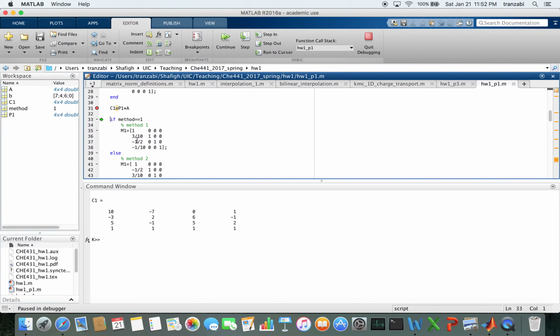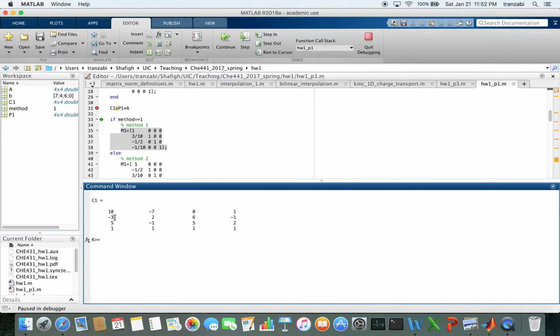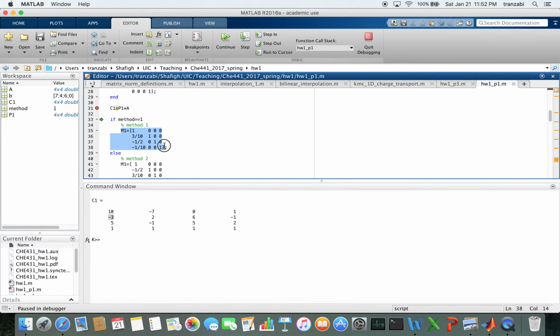Because we want to make these zeros, the coefficient matrix would look something like the following, right? So we multiply the first row by 3 over 10, multiply the first row by 5 over 10, and multiply the first row by 1 over 10, and add to rows 2, 3, 4. So that would be your coefficient matrix.